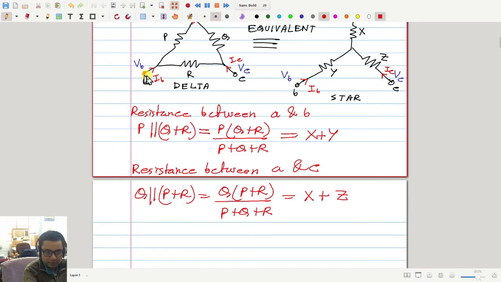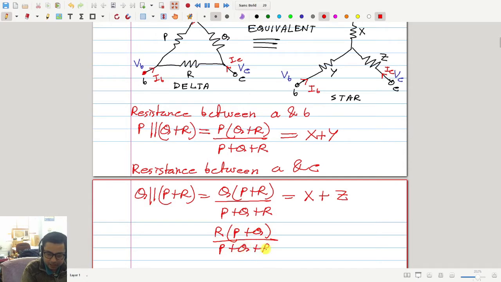We will get between B and C here R multiplied by P plus Q divided by P plus Q plus R. That should be equal to Y plus Z.